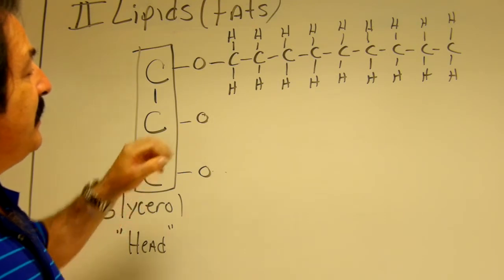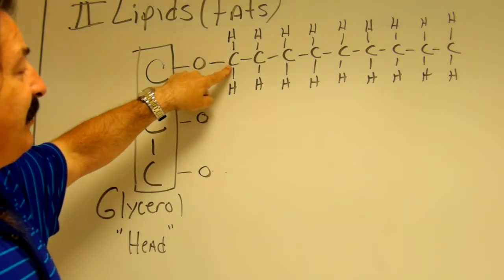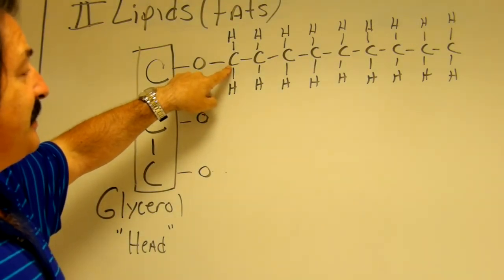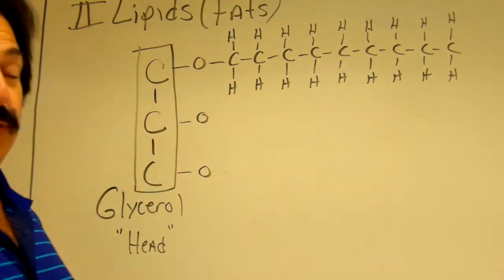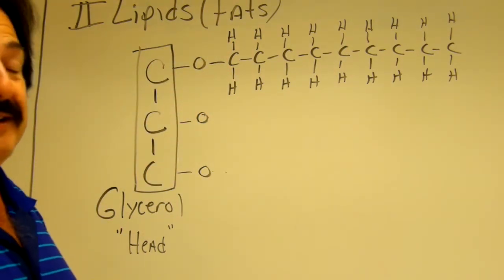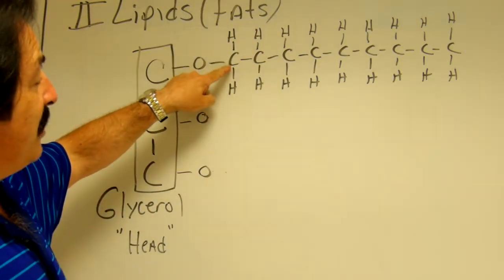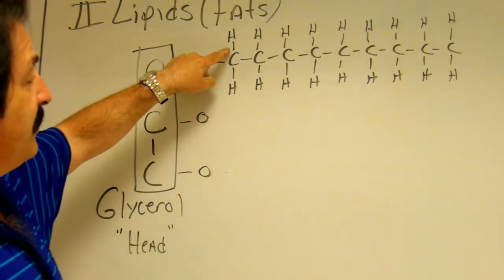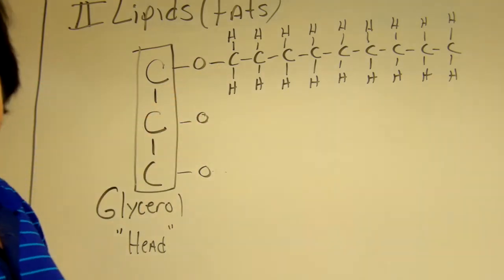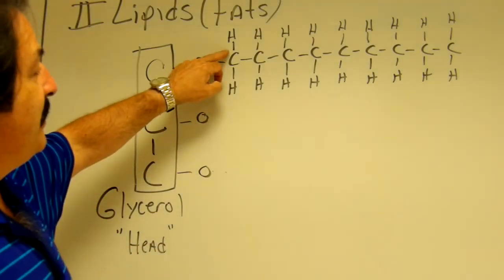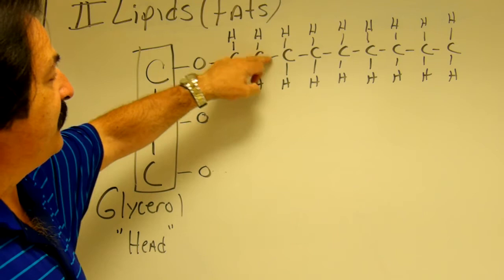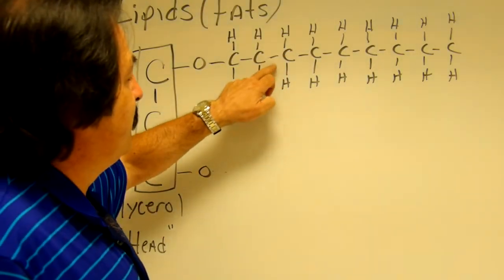Now, chemistry. Every carbon that exists needs to have 4 bonds, okay? 2 pairs of electrons. This carbon has 1, 2, 3, 4, or 2, 4, 6, 8, okay? Valence electrons. This carbon, 1, 2, 3, 4, that works. This carbon, 1, 2, 3, 4.